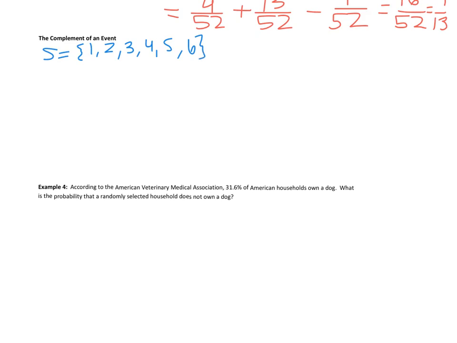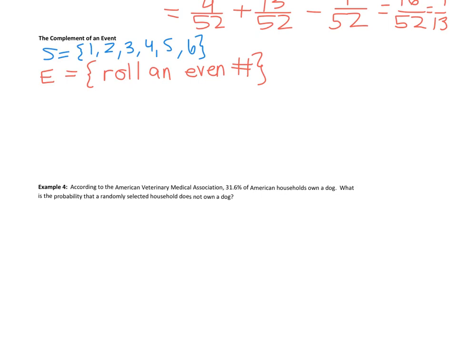And let's define our event E to be rolling an even number. So we can actually write that out, roll an even number. Even numbers are divisible by 2, so 2, 4, 6.